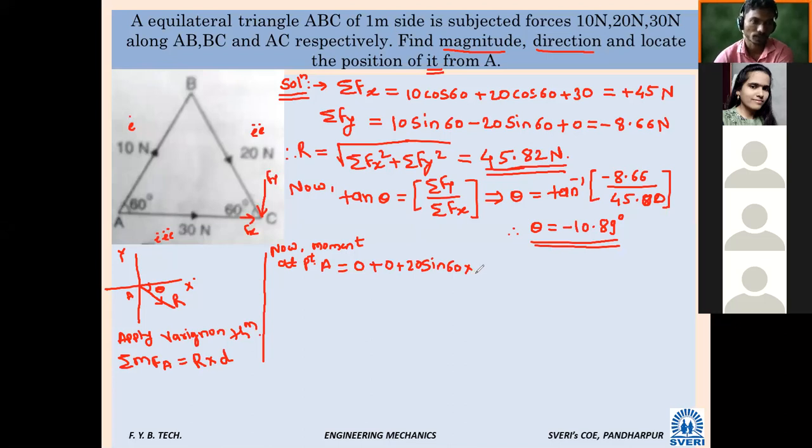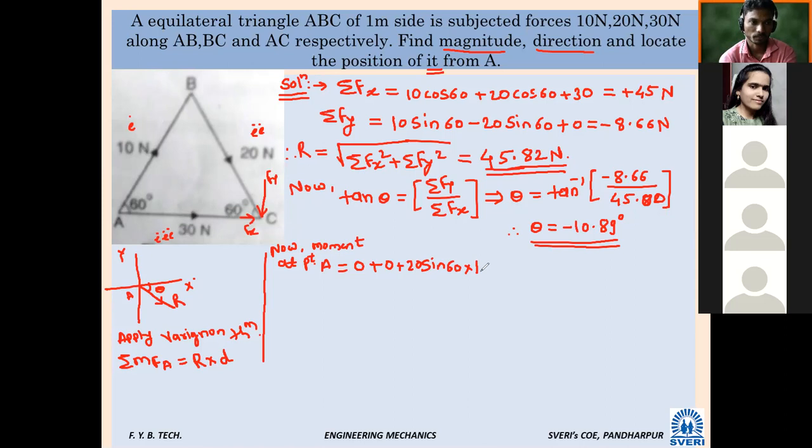That is 1 meter. Will the moment be clockwise or anti-clockwise? Clockwise, because point A is fixed, and when we apply the Fy force, the object will rotate in the clockwise direction. Clockwise is the plus direction.